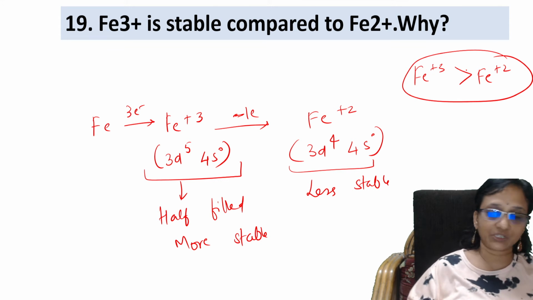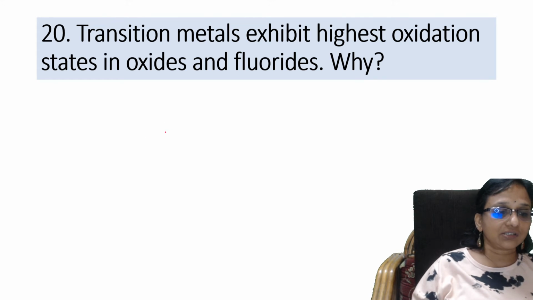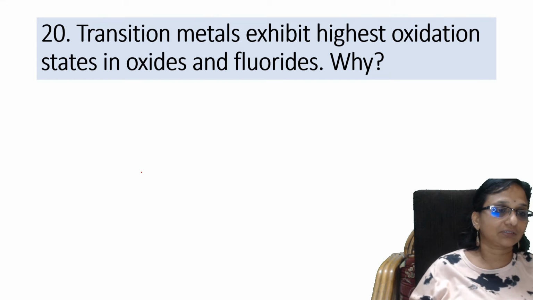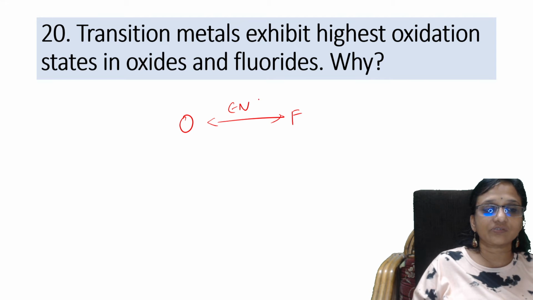Done. Next question. Transition metals exhibit highest oxidation states in oxides and fluorides. What is the reason? Simple, students. When I take oxygen and fluorine, the electronegativity difference is very small.